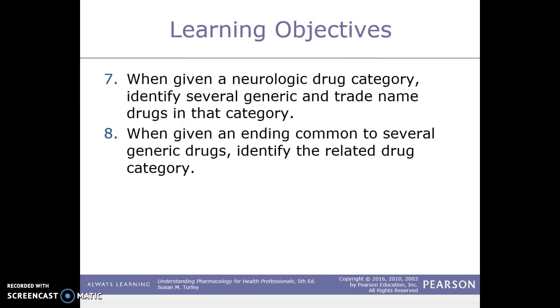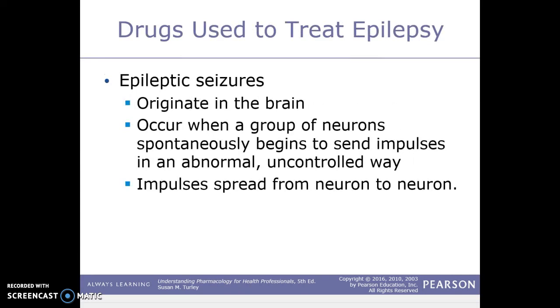The first thing you're going to be looking at is drugs that are used to treat epilepsy. So what is epilepsy? This is just a quick summary, and then there's a video after that you can watch. It talks about what an epileptic seizure is and where it starts, which, as we said, since this is neurological drugs, is everything that happens within the brain.